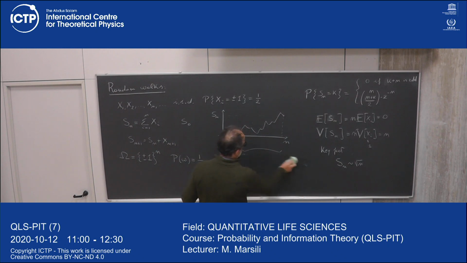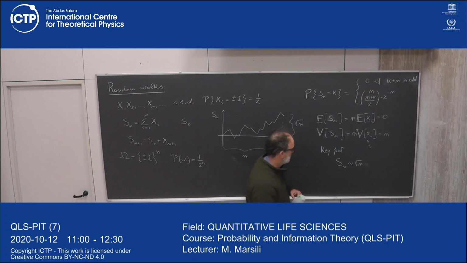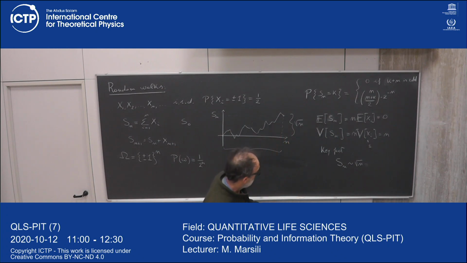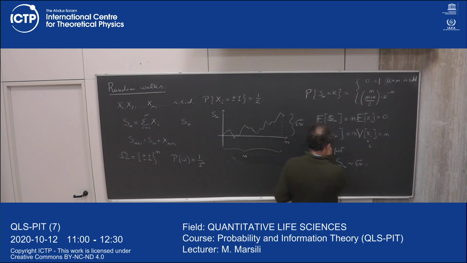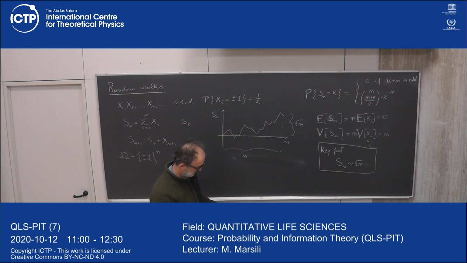So after n steps, you expect that this should be of order square root n, because this is the standard deviation. Okay, square root n is the standard deviation. This is something that you should really keep in mind.